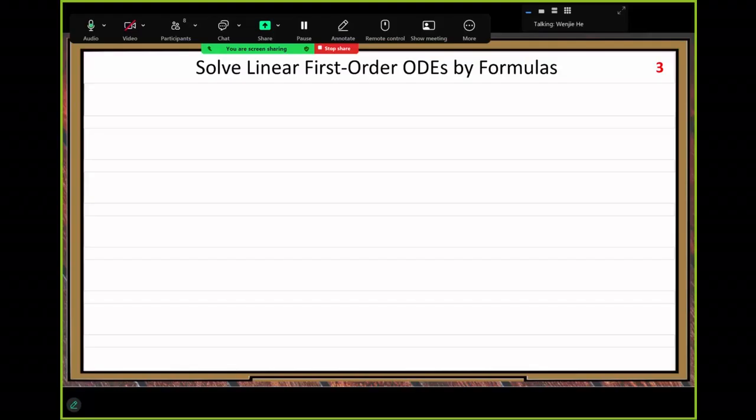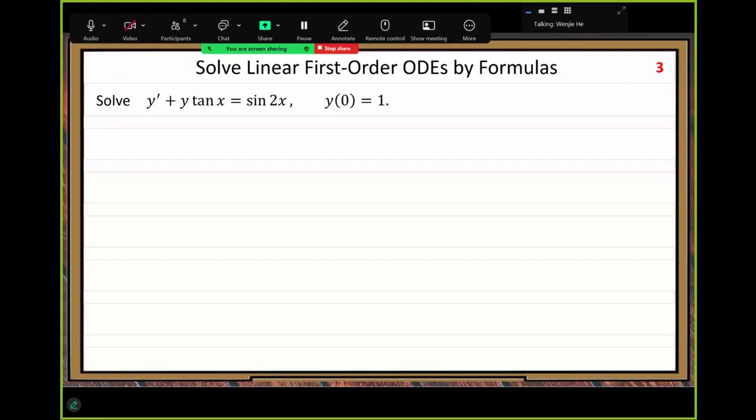Just one simple example. So let's apply the formula for a concrete example. But this time we apply the formula to find a solution. Straightforward. From this equation, you know P function and R function, right?